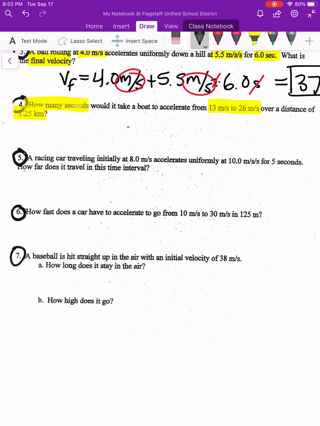Looking through our equations, this one's a little tricky, because this one's not just right there for us. We need to derive some stuff. So this is the equation that we should use. Distance is 1/2 AT squared.